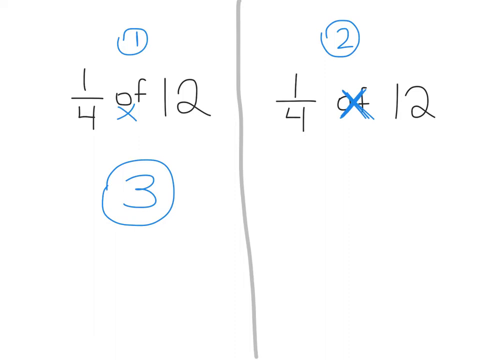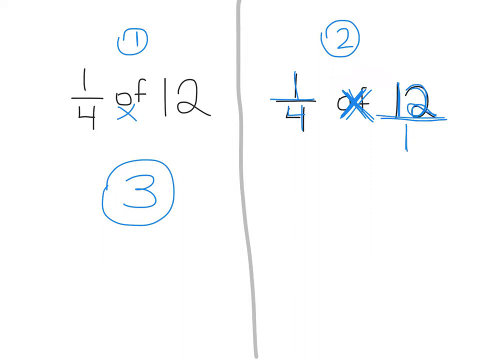So our second factor here, 12, is not in the format numerator over denominator. But if you think back to the last slide, the easy way to write this as a fraction is to just put it over 1. Now we can multiply this fraction. We have 1/4 times 12 over 1.